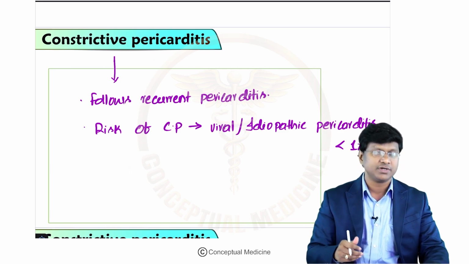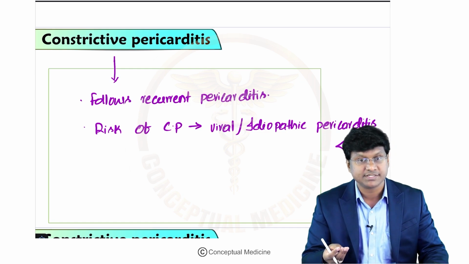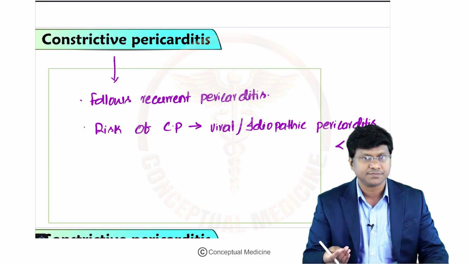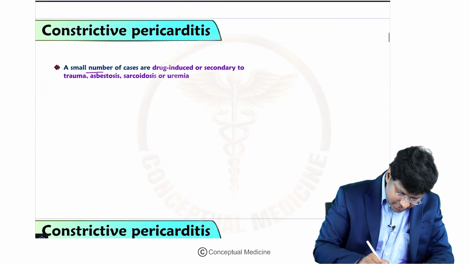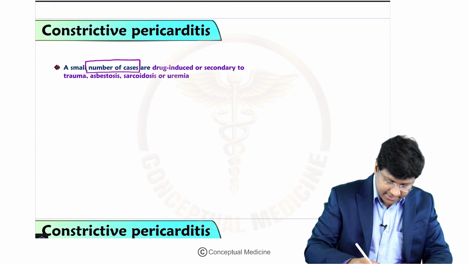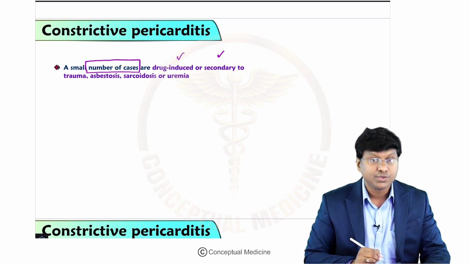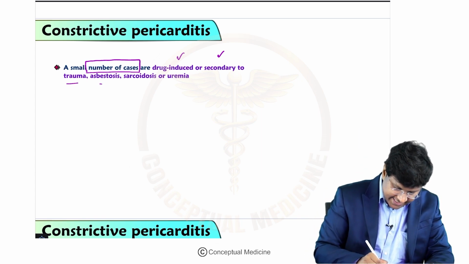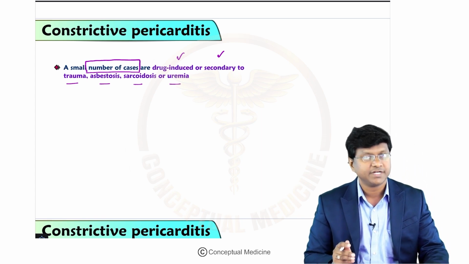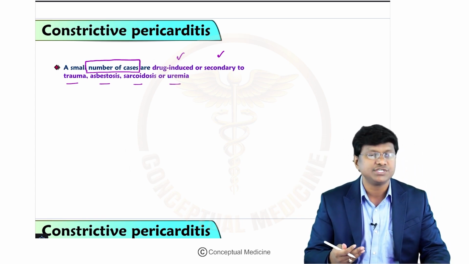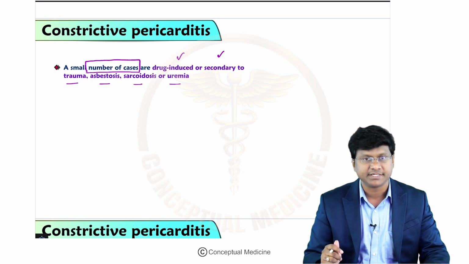As already discussed, post-cardiac surgery, radiation therapy, and connective tissue disorders. And in a small number of cases, they are drug-induced or secondary to trauma, asbestosis, sarcoidosis, or uremia. So that is about the etiologies which cause constrictive pericarditis.